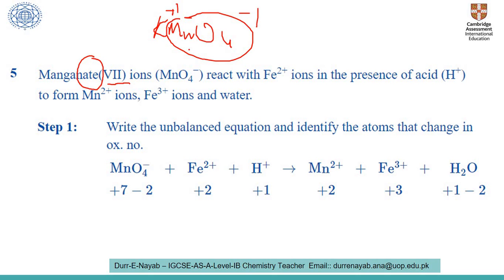Whenever any metal is attached to oxygen, it is going to be added with the word ate. The oxidation state in the bracket, in numerals, is for the metal which is attached to the oxygen, that is the manganese. So manganese over here is in which state? In a +7 state. If I want to calculate this, let's have a look at how to do it.